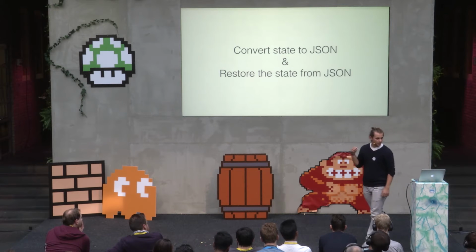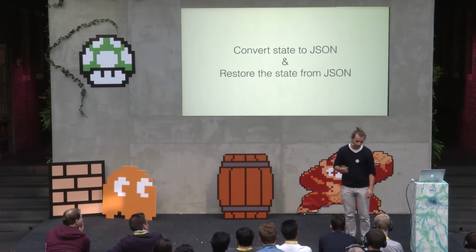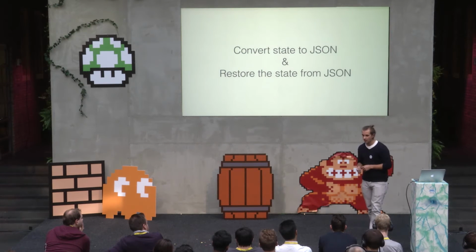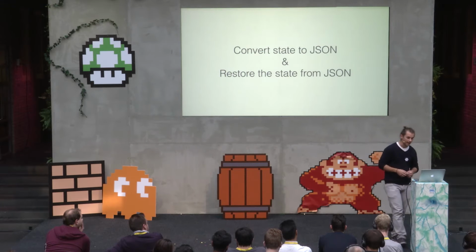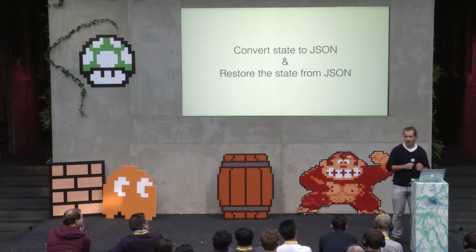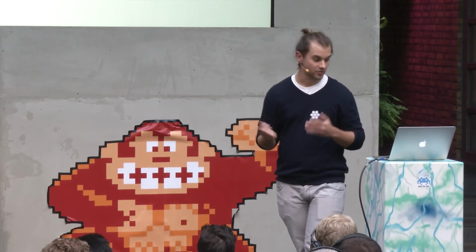And the third aspect, and this is, for me, the most important reason why to use Draft.js, or any editor that has this feature, is you can convert the state that you have, although it's an immutable.js structure.